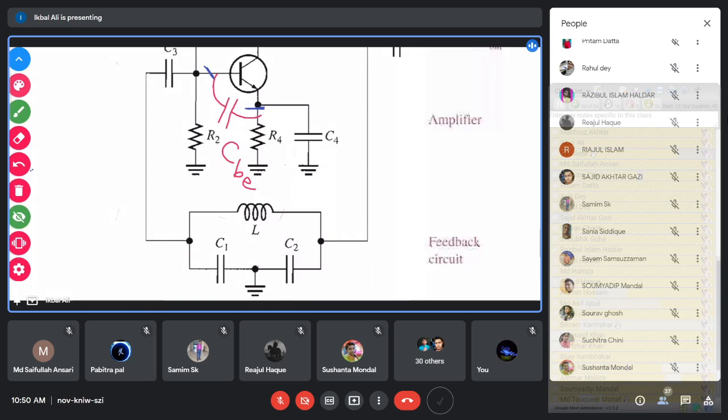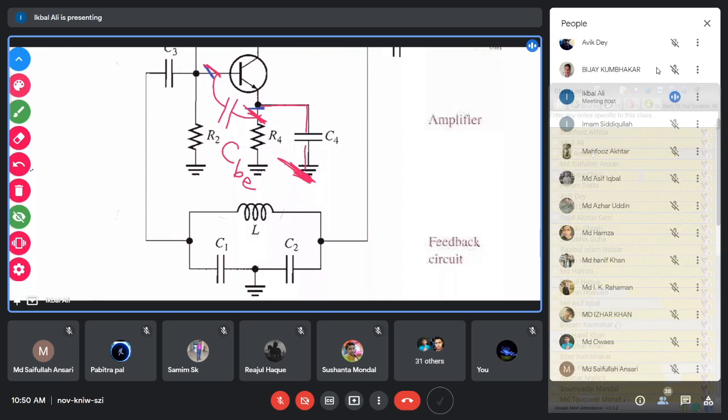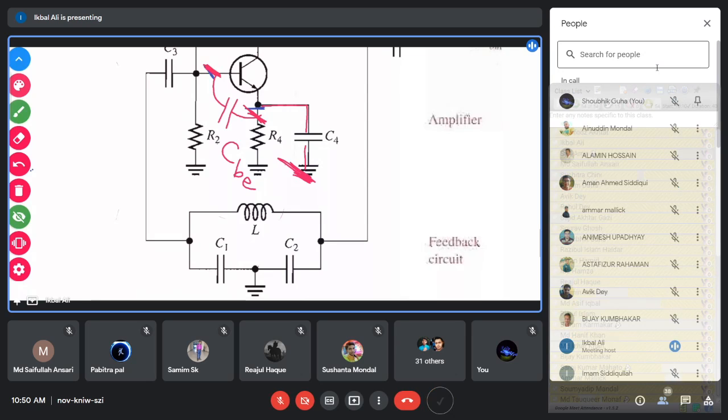CBE is the junction capacitance between base and emitter. Now you see that this terminal is connected through the bypass capacitor to the ground terminal, because you know that for the AC operation, the bypass capacitor is short circuited. So this terminal of the capacitor comes to the ground point.